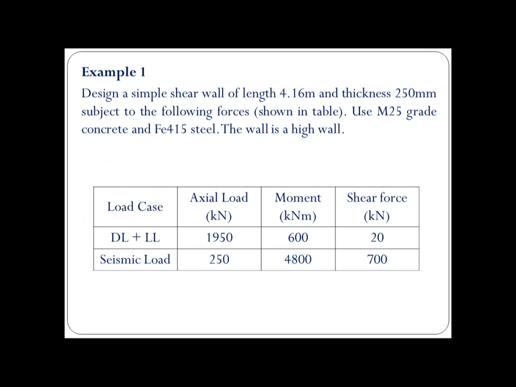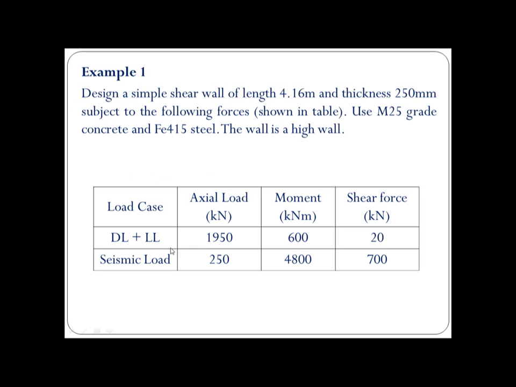Example 1. Design a simple shear wall of length 4.16 meters and thickness 250 mm, subject to the following forces as given in the table. Use M25 grade concrete and Fe415 grade steel. The wall is a high wall, so the height of the wall doesn't come into the picture here.